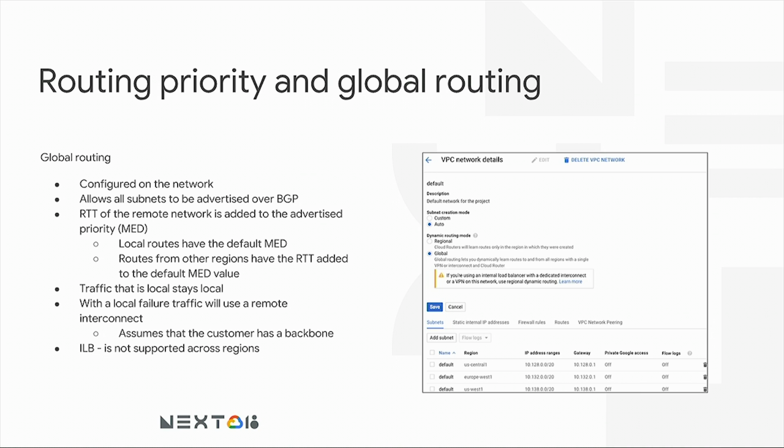So what we do is on the advertisement, we modify the MEDs of the remote subnets by adding the RTT value of those remote subnets. So your subnets in Tokyo will have a very low MED value in Tokyo, and they'll have a very high MED value in Chicago. So traffic from Tokyo will prefer your Tokyo connections, and traffic from Chicago will prefer the Chicago connection. The one comment I will make is that you should make sure that the default MED values are far enough apart so you don't run into an issue.